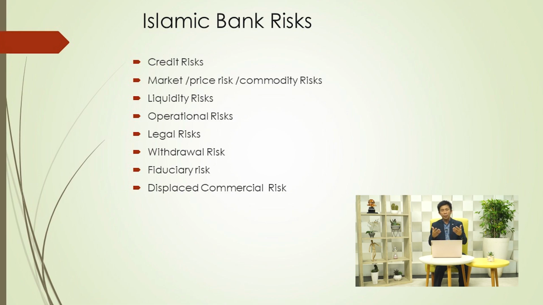This is a risk on the part of the bank because the deposits are very important for the bank. There are also risks like fiduciary risk, and we have the displacement commercial risk. Those are some examples of the risks that can be encountered by Islamic banks and conventional banks.